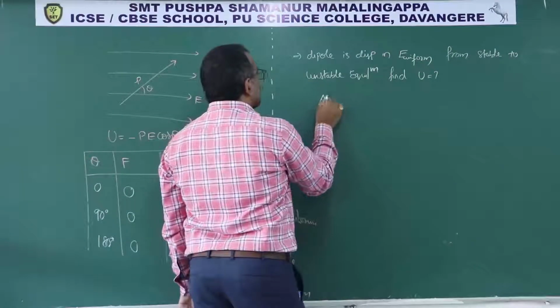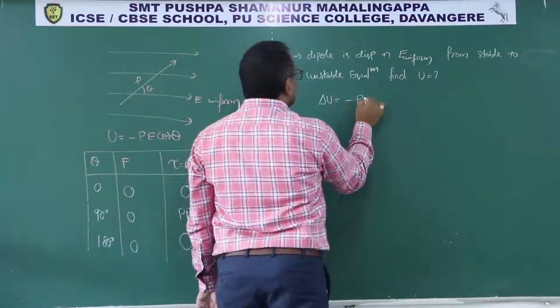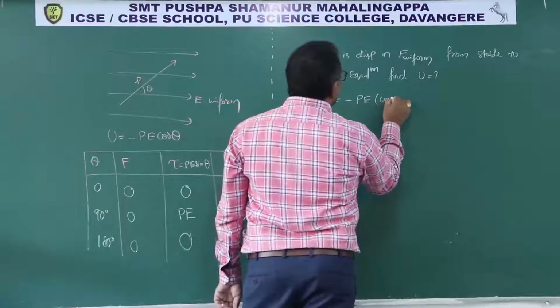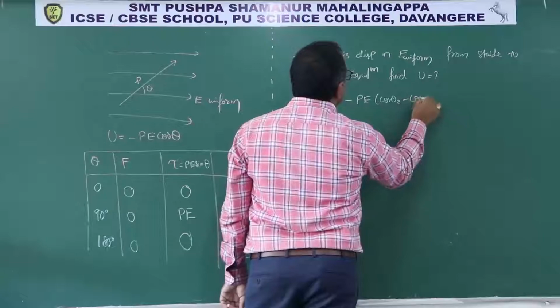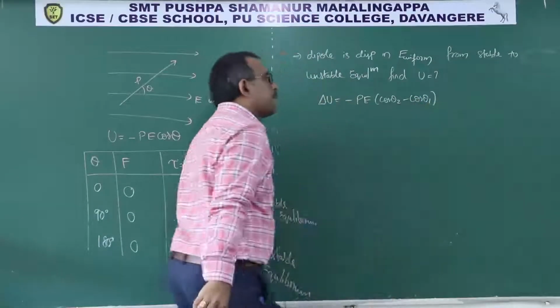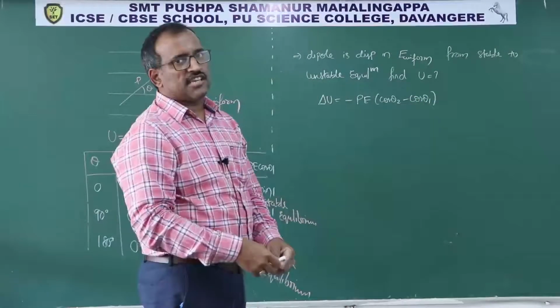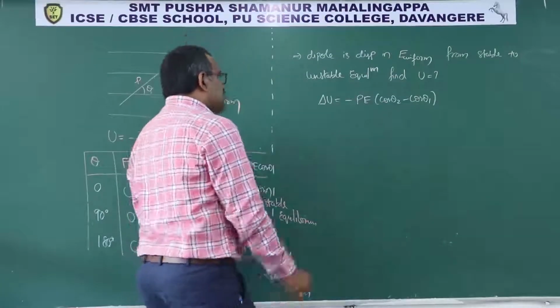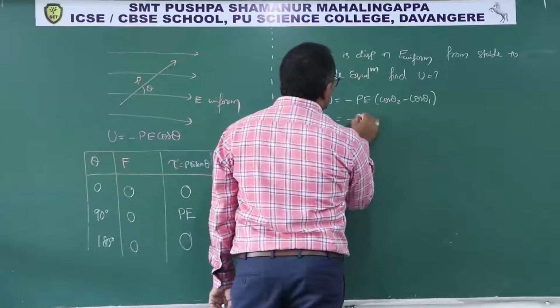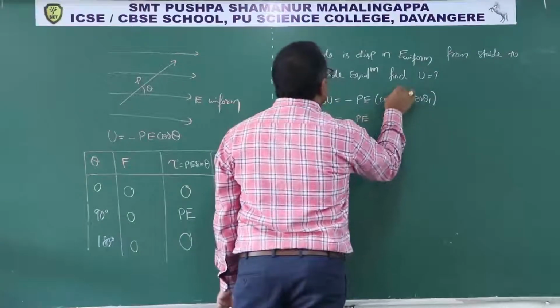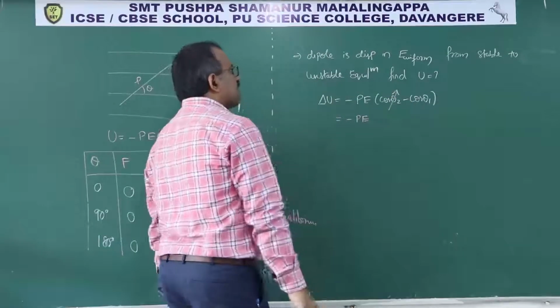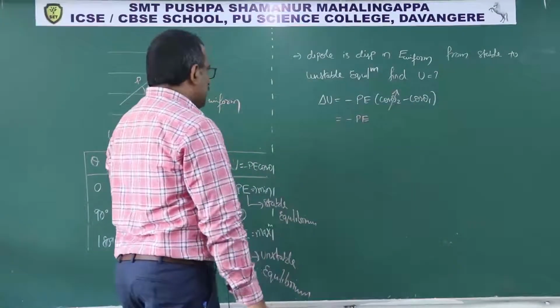You know, potential energy is minus P E cos theta 2 minus cos theta 1. Hence it is very clear: minus P E cos theta 2, from where to where? From stable to unstable.